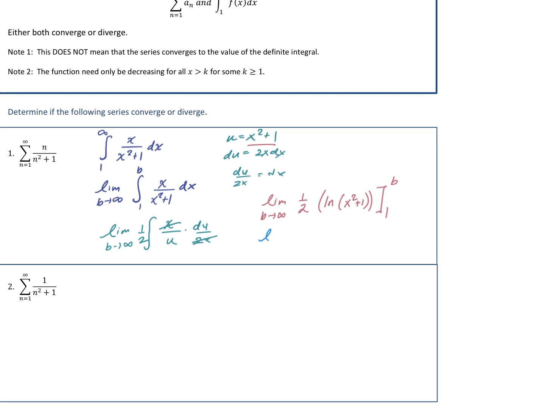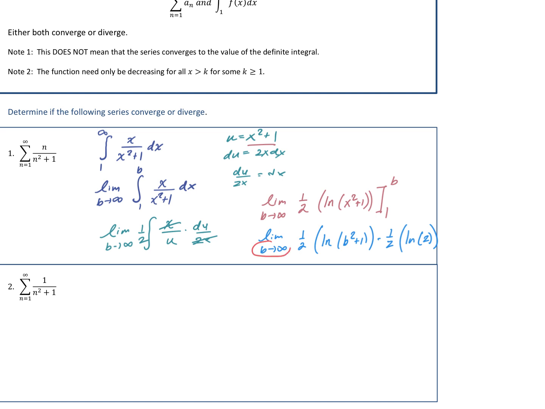Plug in my bounds, you get the limit as b goes to infinity, 1 over 2 ln of b squared plus 1, minus 1/2 ln of 2, because if I plug in the 1, we get 1 plus 1, which is 2. Now I drop in my infinity.